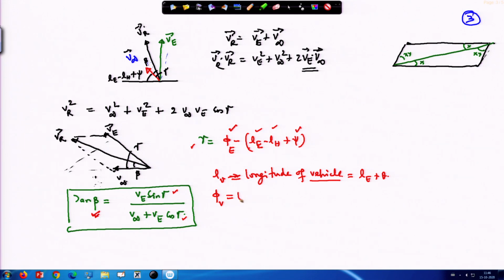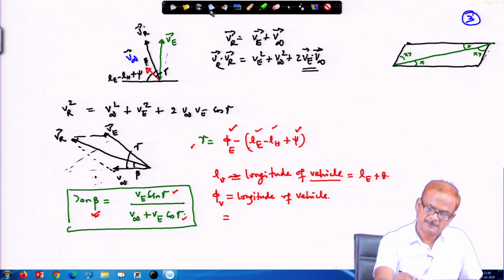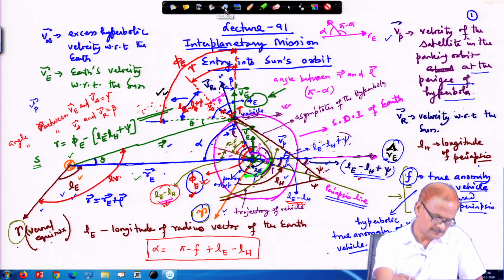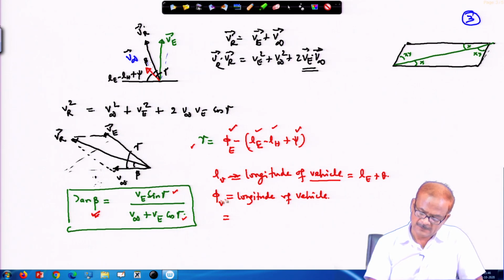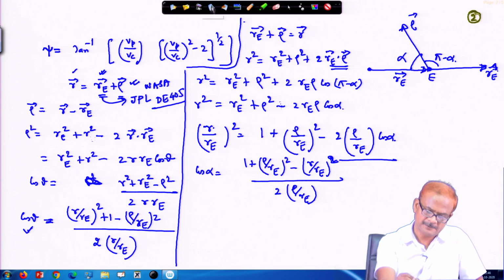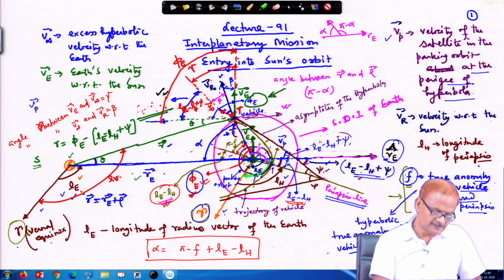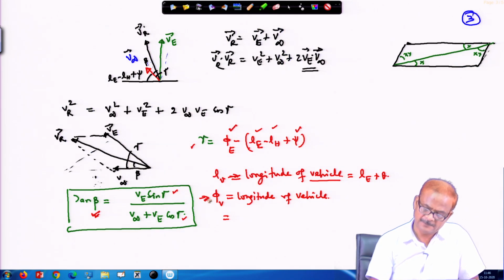This is the longitude of vehicle, phi v. Longitude of vehicle we have written by L v. Here, as we have indicated, this quantity we have to estimate. Okay, already we have indicated L v equals L e plus theta. Longitude of vehicle we have indicated, we need phi v.